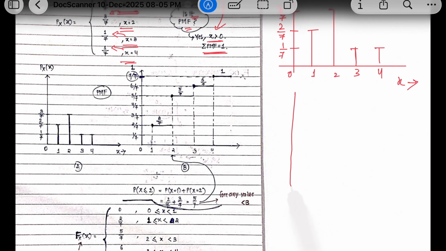For the CDF, we need to take all the values, including the previous ones. I will draw the graph aside.